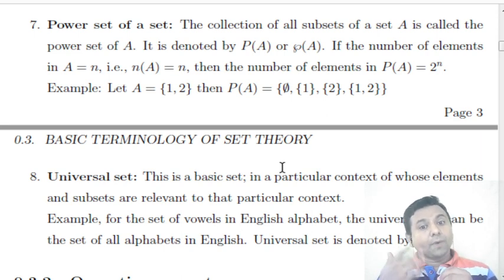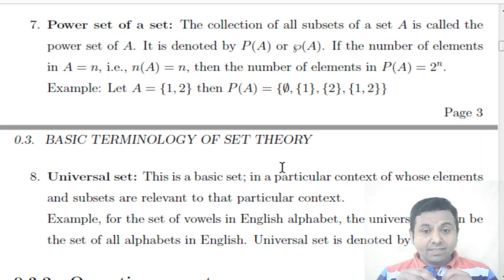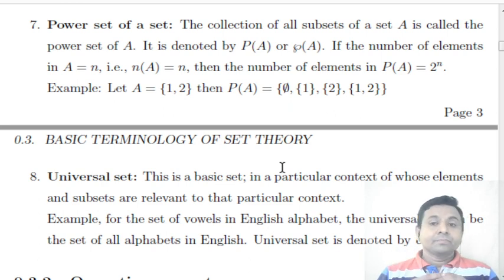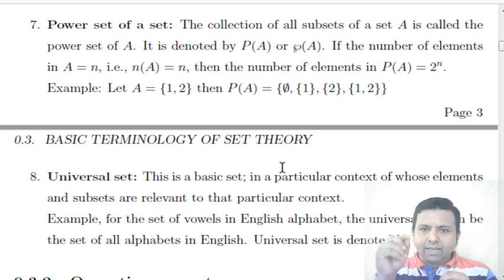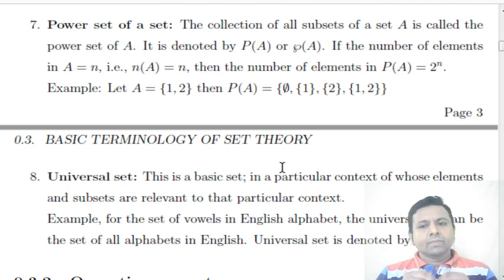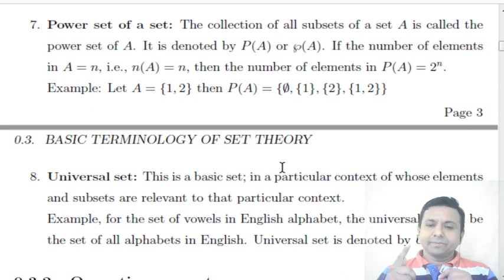You also have to find how many singleton sets there are, how many two-element sets there are, and so on. Now, if the number of elements in A equals n, that is, the number of elements in A is represented as n(A) equals n, then the number of elements in the power set of A must be equal to 2 raised to n.